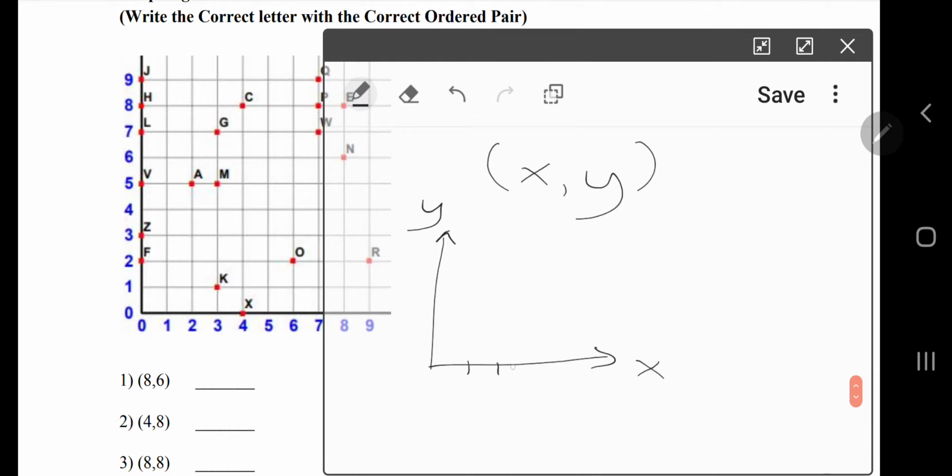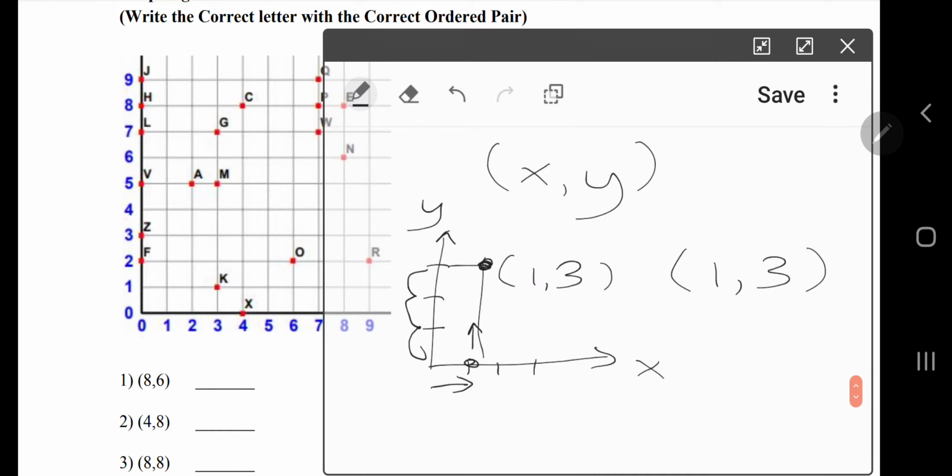So let's say I were to give you the coordinate 1, 3. You would go 1, which is here, and then you would move up 3 times. So 1, 2, 3. So this point over here would be 1, 3. Okay?